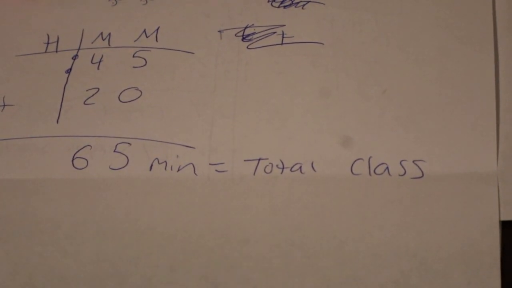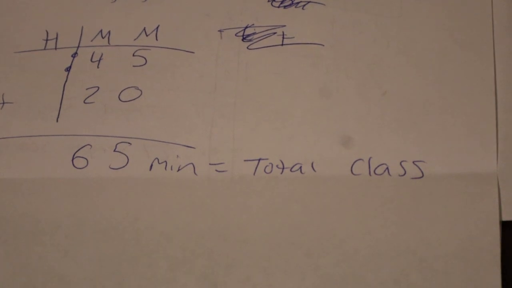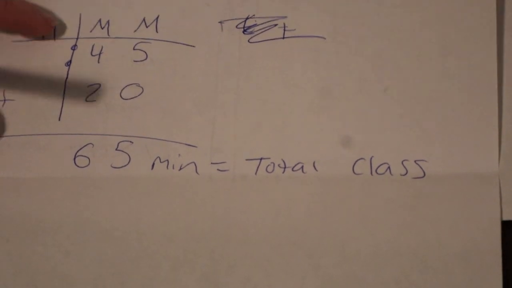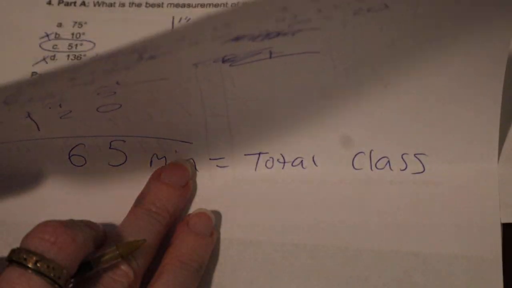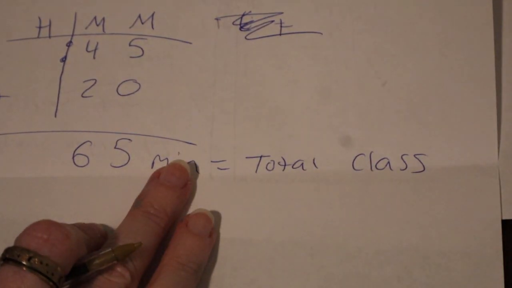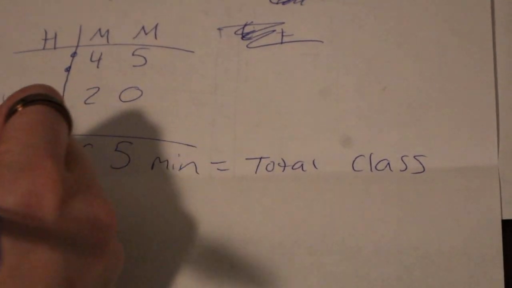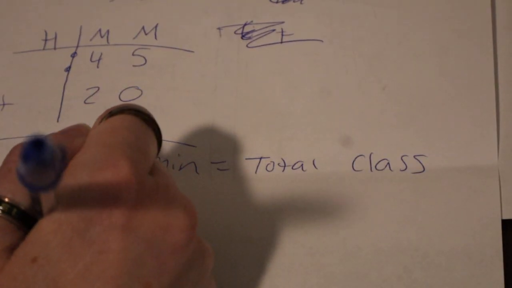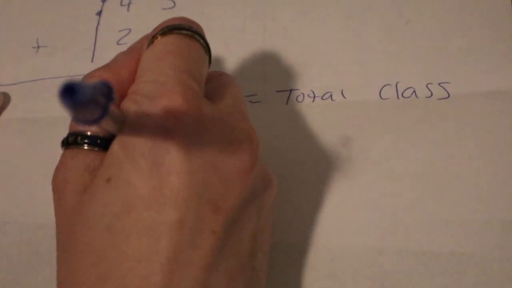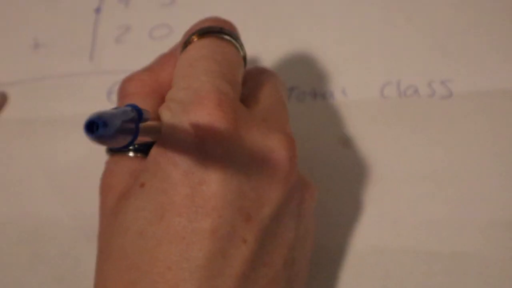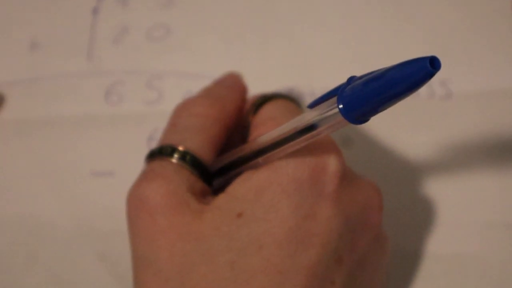Now, we're going to start figuring out how much time she does all those other activities. So she spends, it's going to be 65 minus this number, which is what she spends practicing.